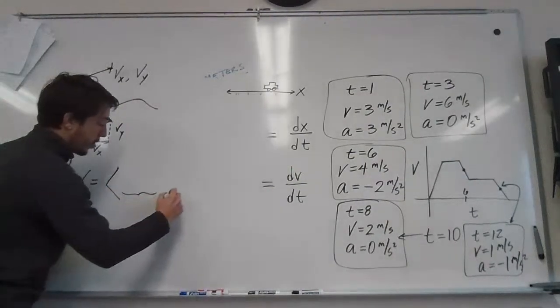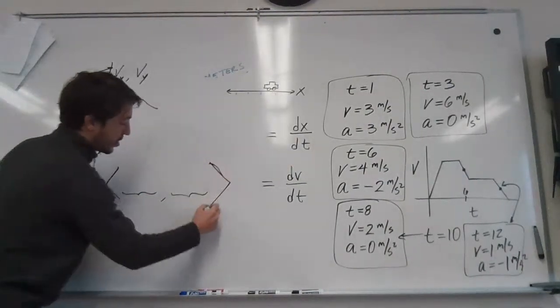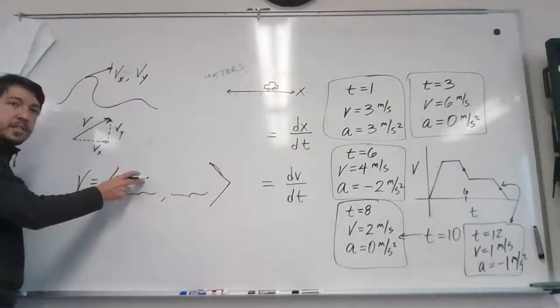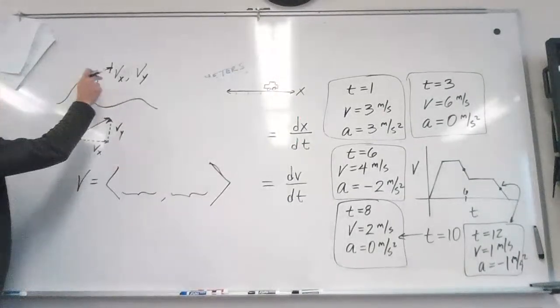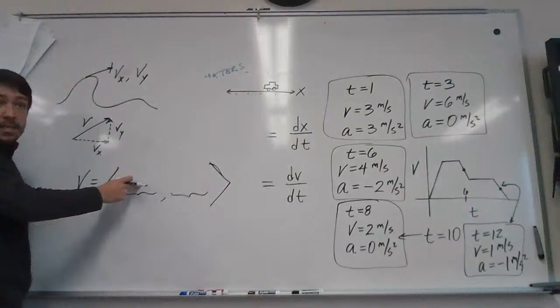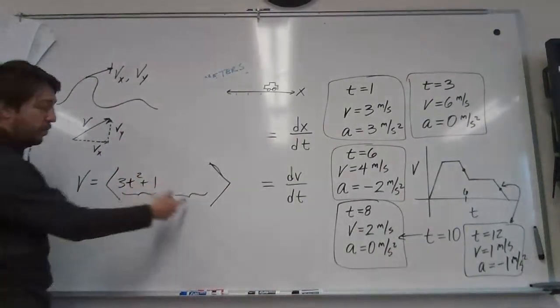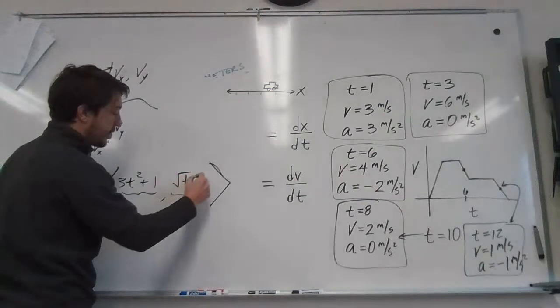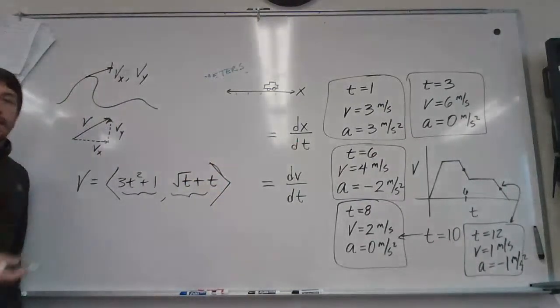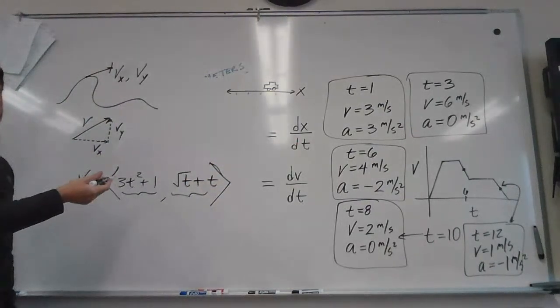And so what you would do is you'd describe the velocity as two little expressions. You'd have an expression that's governing the x component, and it depends on time. So it could be something like 3t squared plus 1. And then your y component could be square root of t plus t or whatever, just making that up. And that's one way to do it.